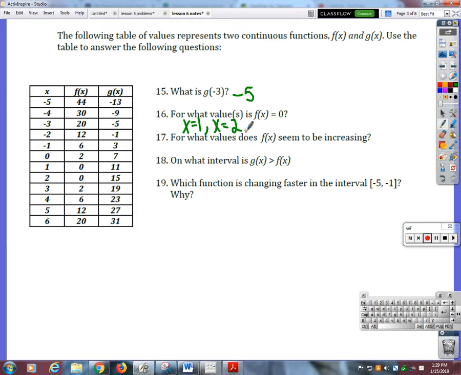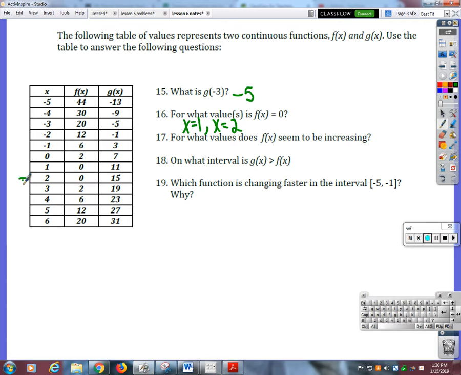All right, for what values does f of x seem to be increasing? So if you look at the numbers on this table, going down, down, down, down, levels off, and then starts to go back up. Yeah, from 0, 2, 6, 12, and 20. So what are the x values where that's happening?